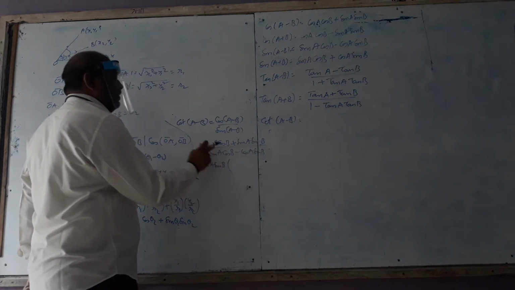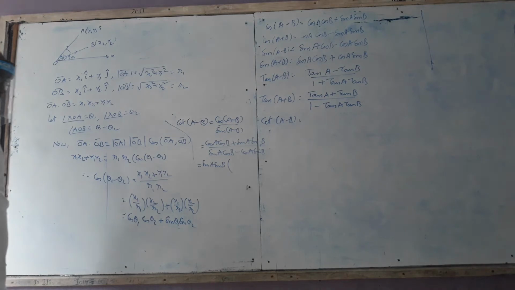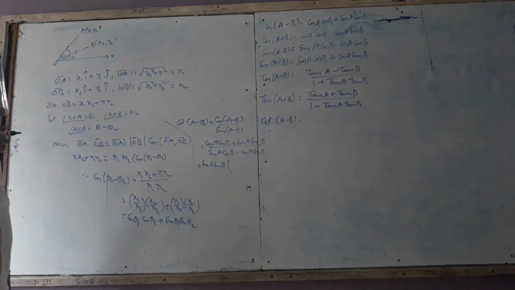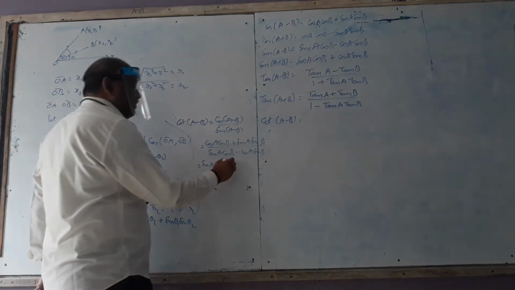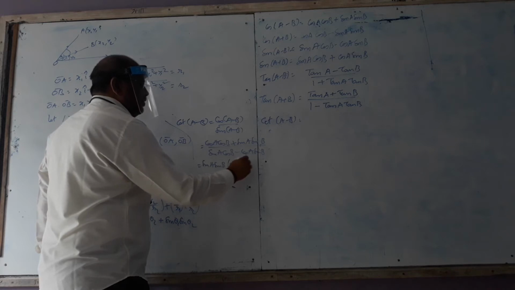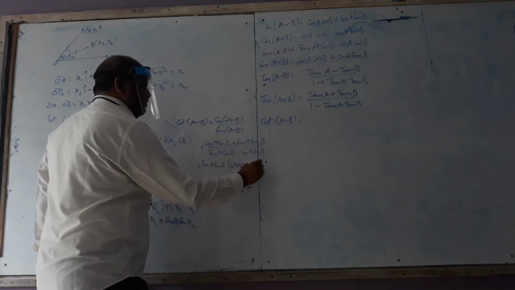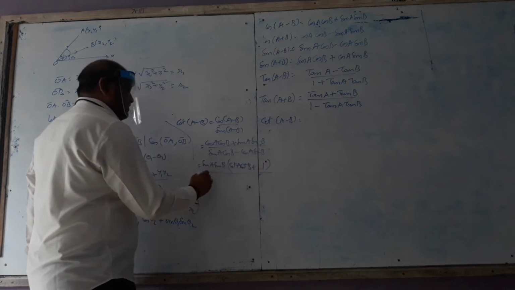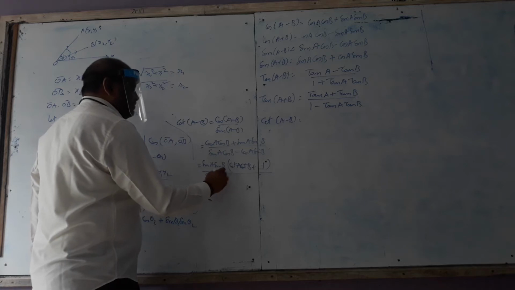If you take sin A sin B common, it becomes cos A cos B by sin A sin B, which becomes cot A cot B, plus 1.